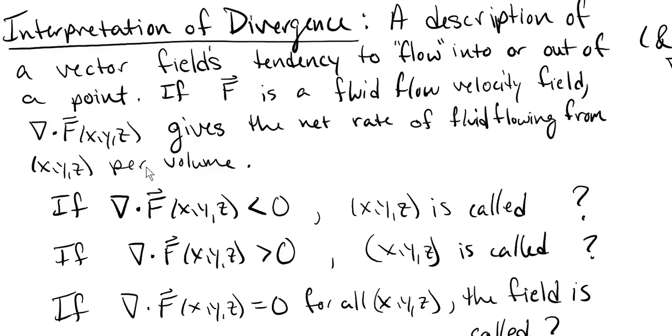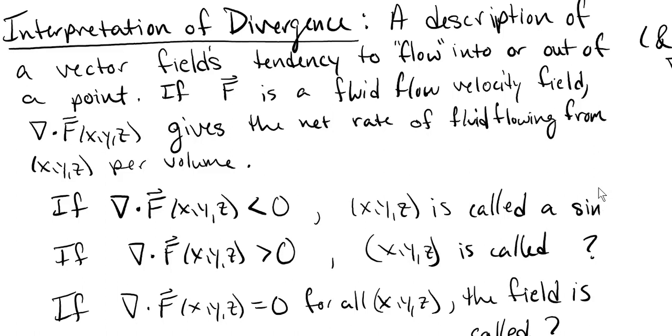Right. That's the idea. So if it's a negative divergence, we're saying that overall fluid is not flowing out of the point, it's flowing into the point. We call this a sink. You can think about why.